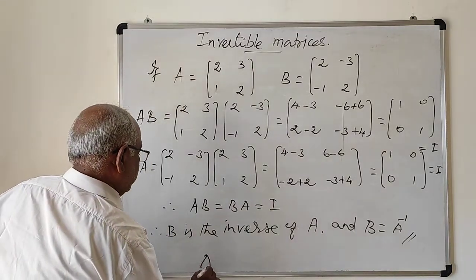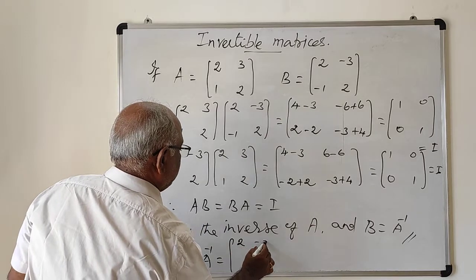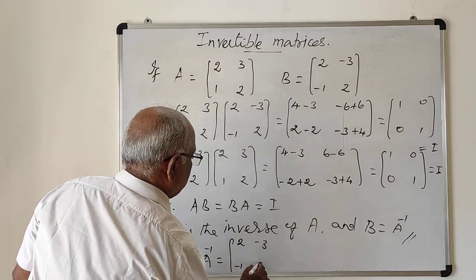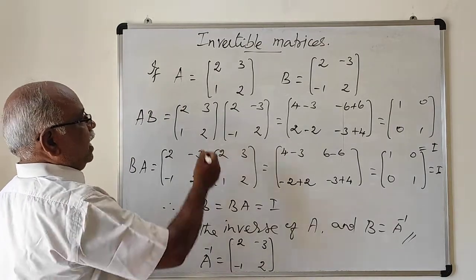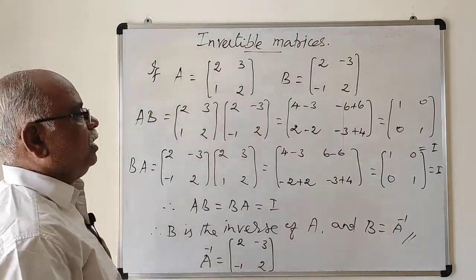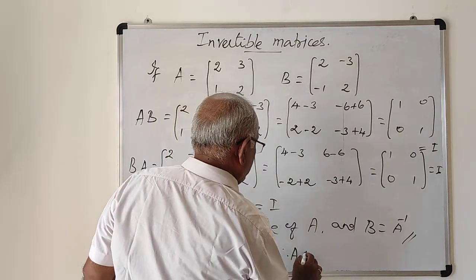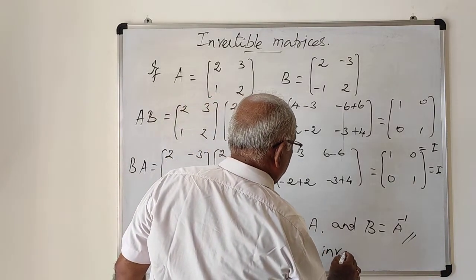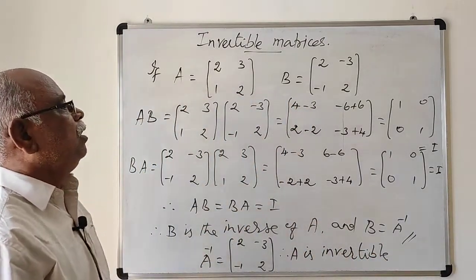So A inverse is 2, minus 3, minus 1, 2. This is A inverse. Therefore, A is invertible. We can find the inverse of A. That is the example for an inverse matrix.